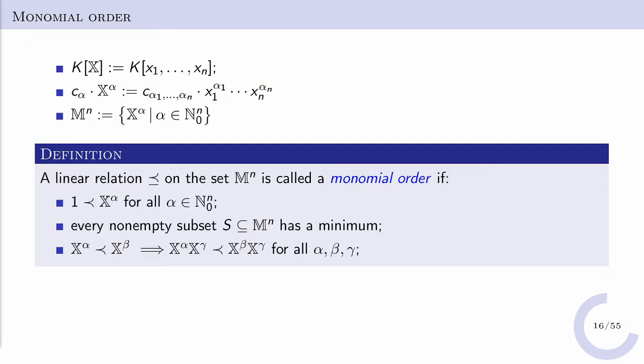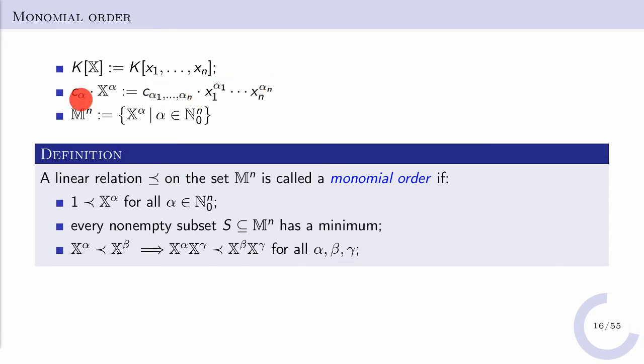And the set that we are interested in is the set of monomials in multiple variables. So let us consider a ring of multivariate polynomials with coefficients in some field. For short, to avoid too excessive notation, I will write C alpha x alpha just to denote a term with many indices.